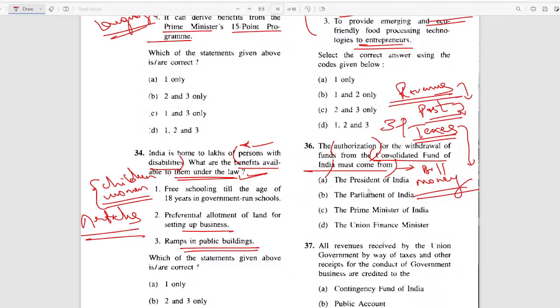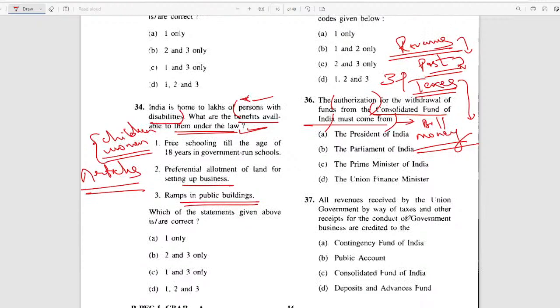The funds that the government is taking from the public, to which fund does that go? And the interest payment, if the government has taken loans from other countries or the public, from which fund will it go out or come in? So go through these things, these are important.